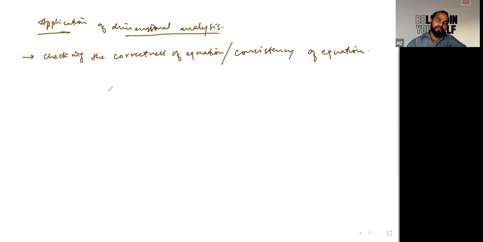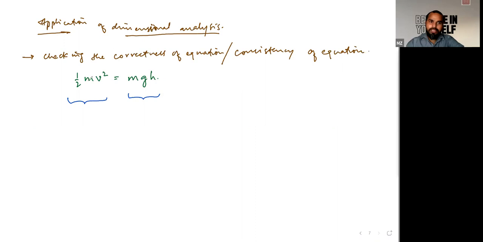So if there is an expression like half m v squared is equal to m g h, and they ask you to determine whether this particular equation is correct or not on the basis of dimensional analysis, first of all try to find the dimension for the left hand side and the dimension for the right hand side.